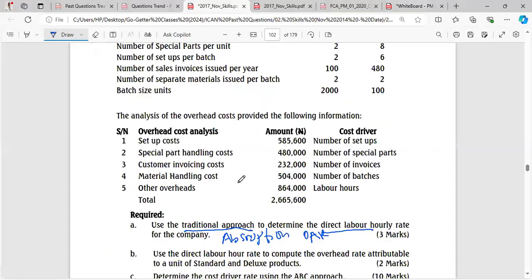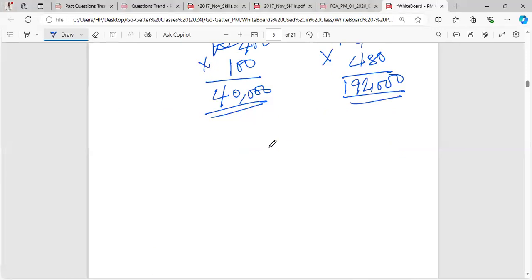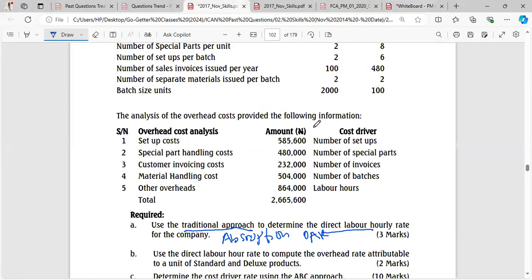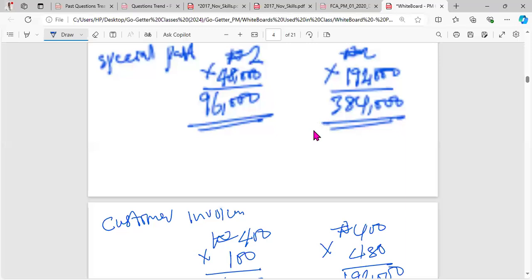The next one will be material handling. The cost driver rate: how did we calculate it the first time?